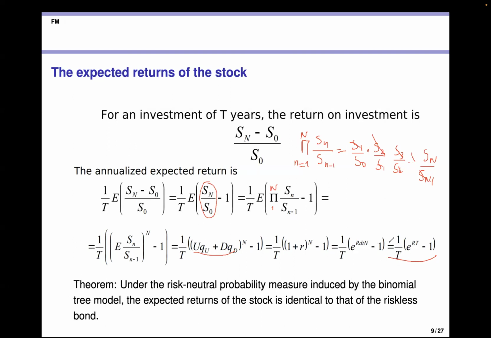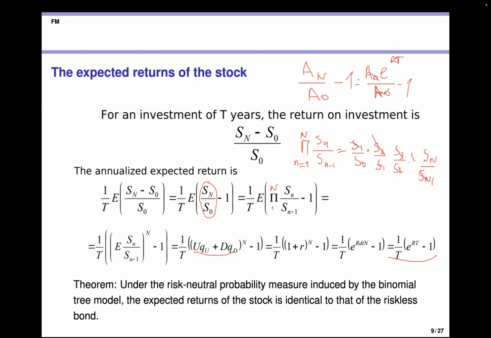For a general asset, An divided by A0 minus 1 is the return. For a riskless asset with continuous interest rate, the formula is A0 multiplied by e to the power rt, divided by A0, minus 1.